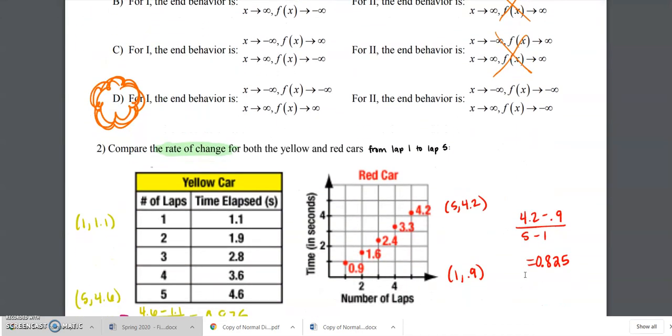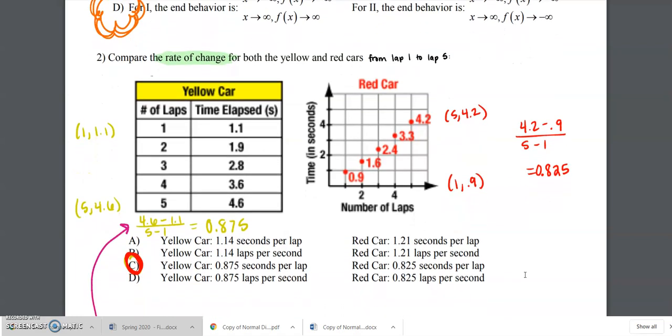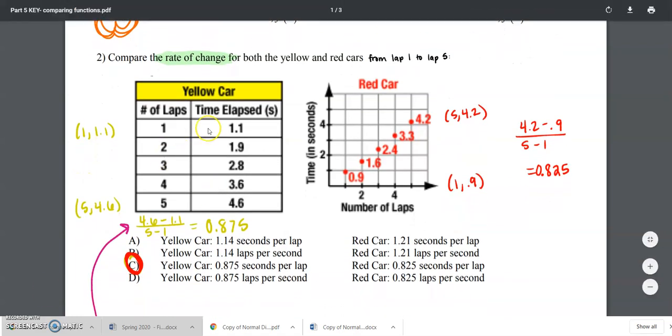Number 2, here we want to compare the rate of change for both the yellow and red cars. Keep in mind, remember from Algebra 1 that a rate of change is simply the slope of a line between 2 points on a graph or on a function. So you want to take the first point and the last point in these particular cases and find the slope.